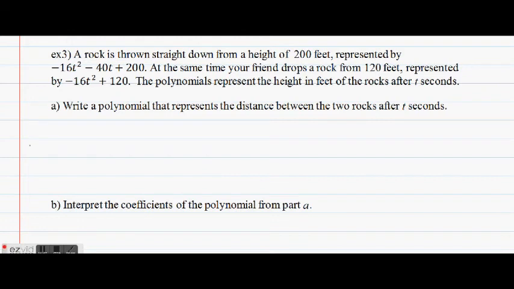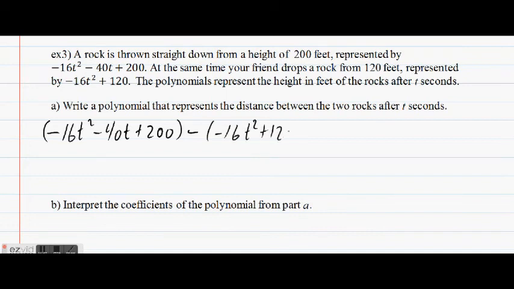So which one am I writing first? Well, let's start with the one where you're higher off the ground. Negative 16t squared minus 40t plus 200, because you were 200 feet above ground. And we're going to say minus negative 16t squared plus 120. So that's how you're finding the distance between the two.